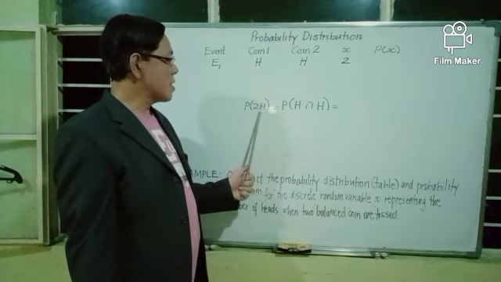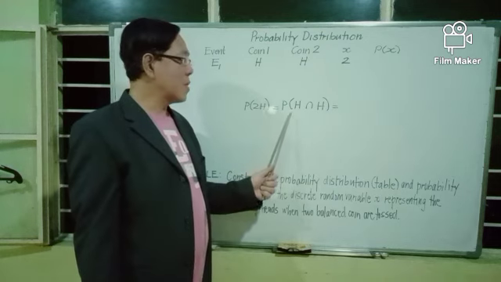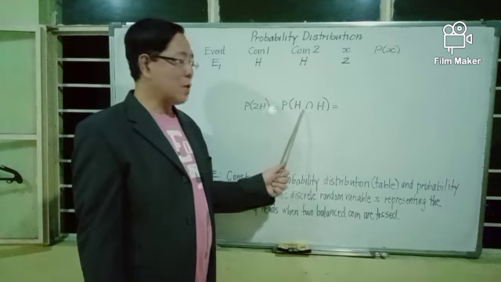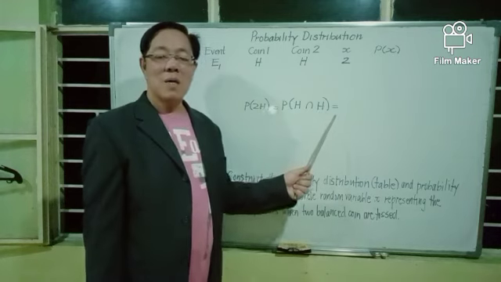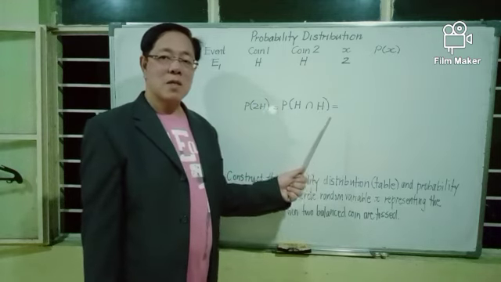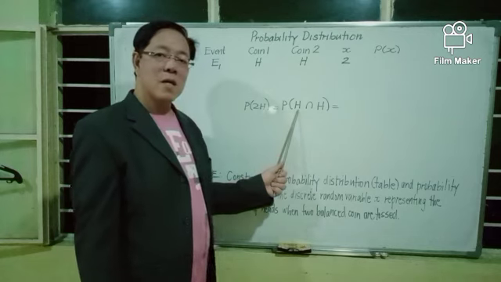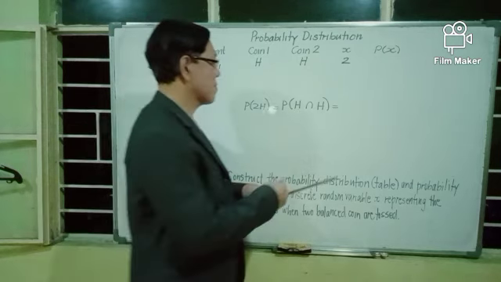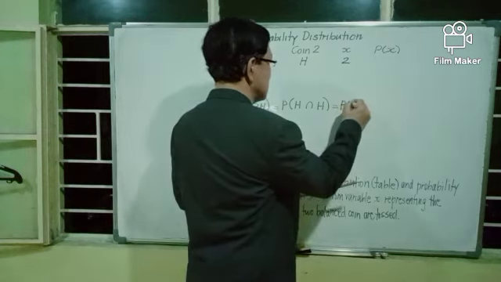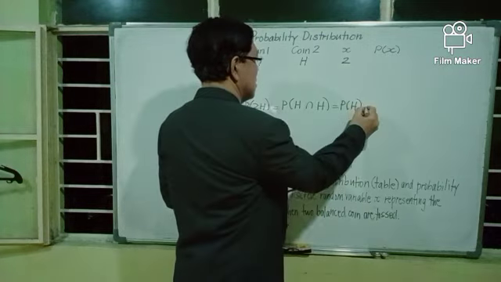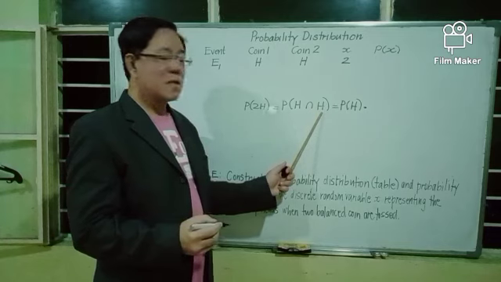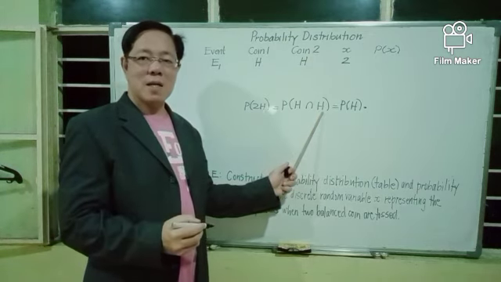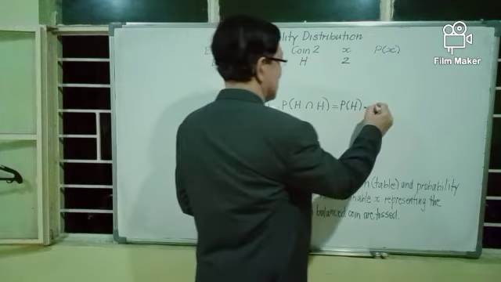By the multiplication principle, this is equal to the probability of getting heads in the first toss multiplied by the probability of getting heads in the second toss.